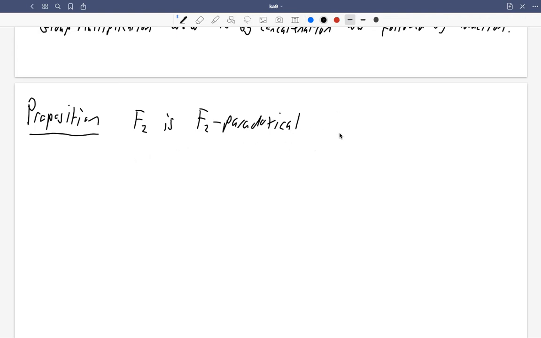Here we're going to take left action. It doesn't really matter. So F2 acts on itself as left action.